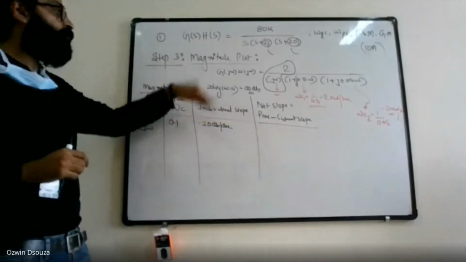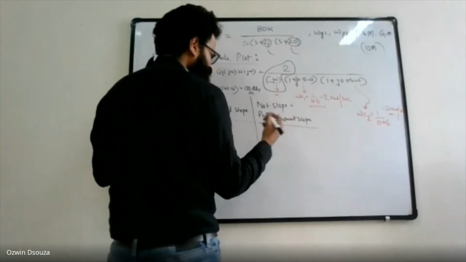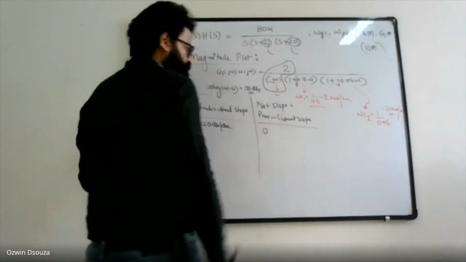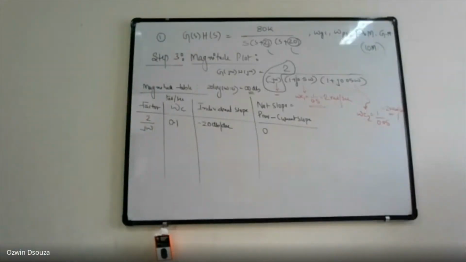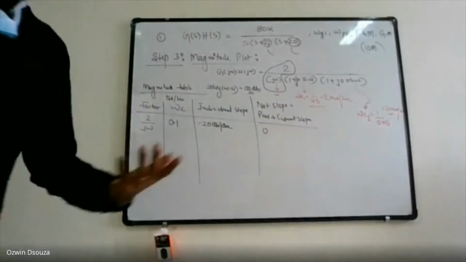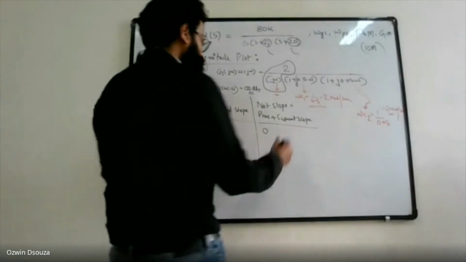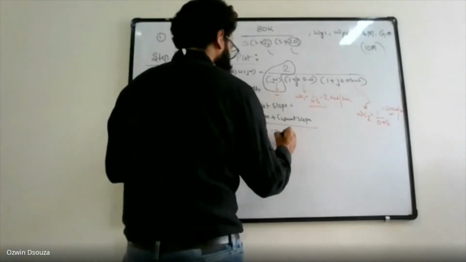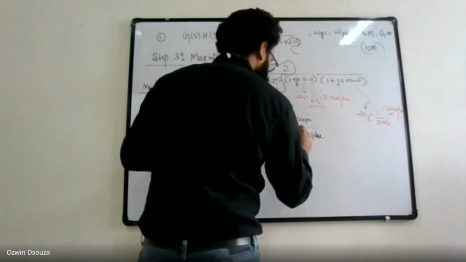Now, there is no previous history, so previous slope is basically 0. Net means total. So previous is 0 and current is minus 20. So net slope is minus 20 decibel per decade.